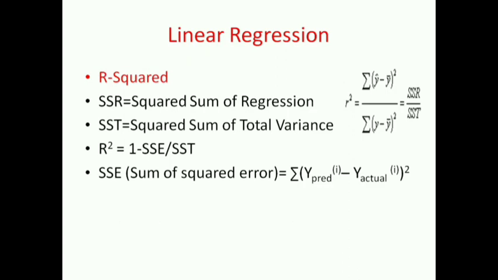What is R squared? It is actually the ratio of the squared sum of regression to the squared sum of total variance. Here we can see in the equation on the right side that on the upper side it is y cap minus y bar whole square. Here y cap represents the predicted value of y, and y bar represents the mean of the actual values of y.